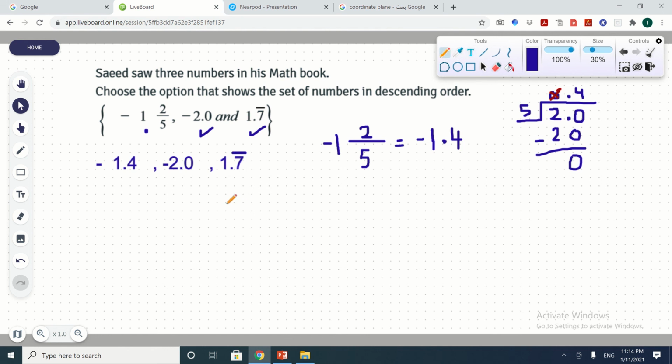Okay, now we have positive and negative numbers. We want to order them in descending order. Descending means from the largest to the smallest.